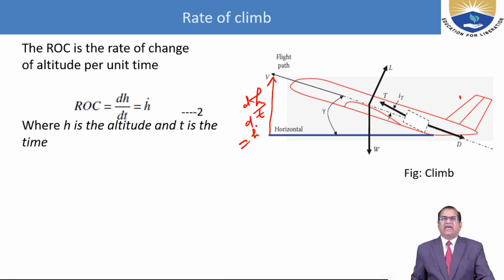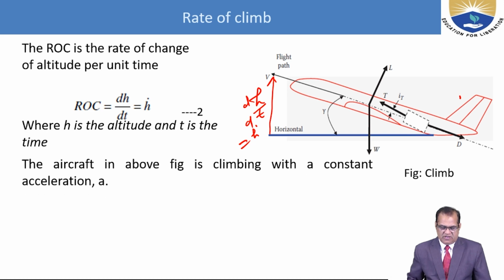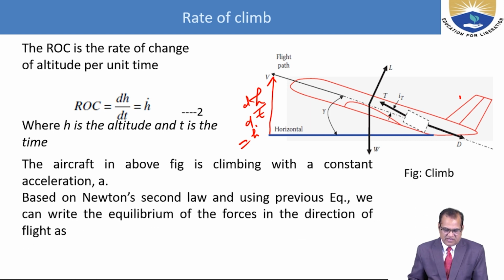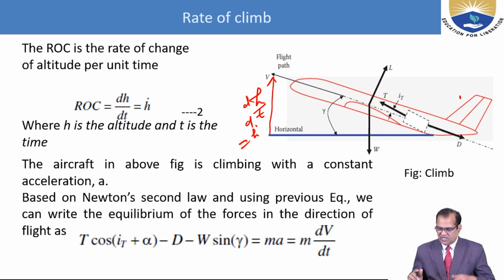Here h is the altitude or height and t is the time. The aircraft in this figure is climbing with a constant acceleration a. Based on Newton's second law and using the previous equation, we can write the equilibrium of the forces in the direction of flight as, if you see here, this is the thrust.